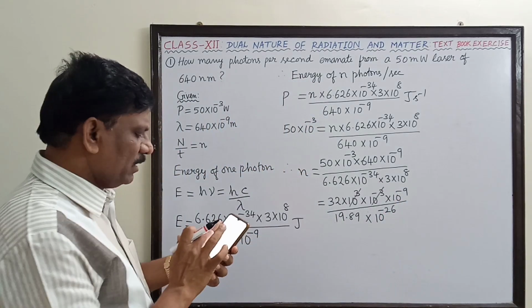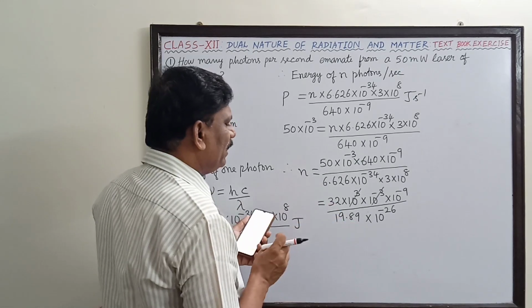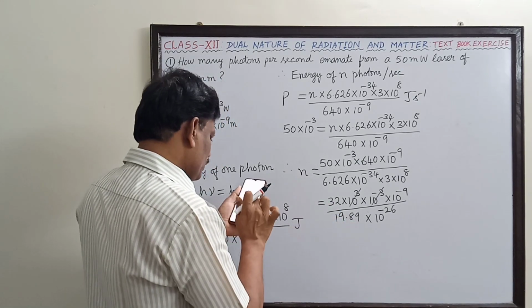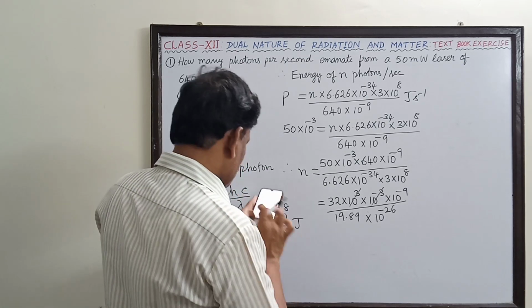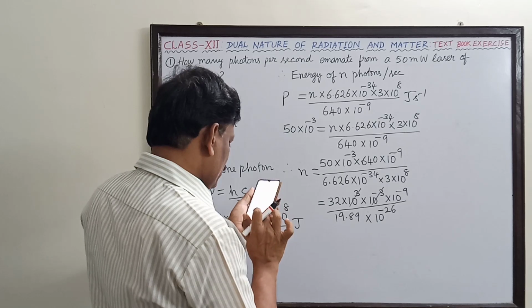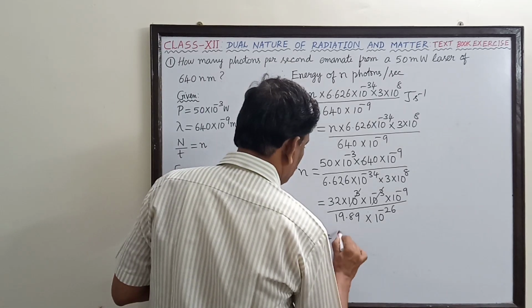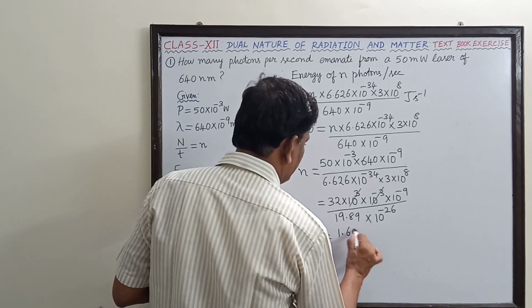Now this ratio, 32 divided by 19.89, is equal to 1.60.